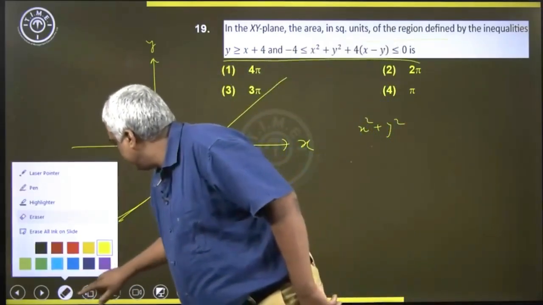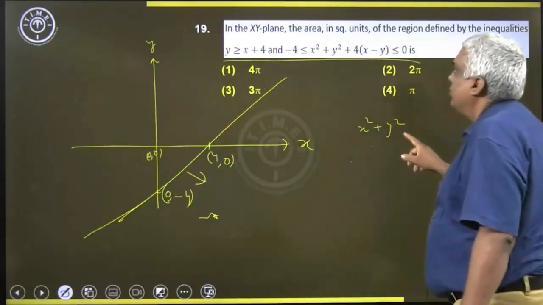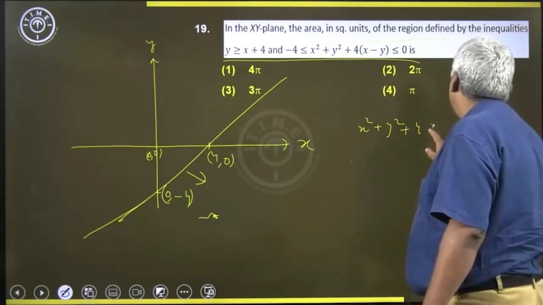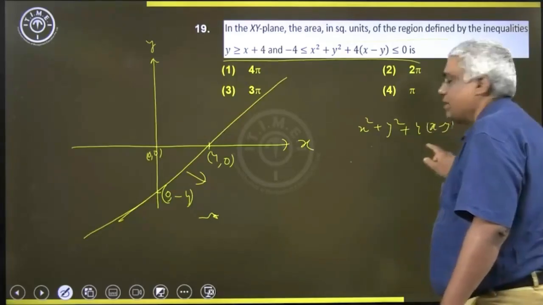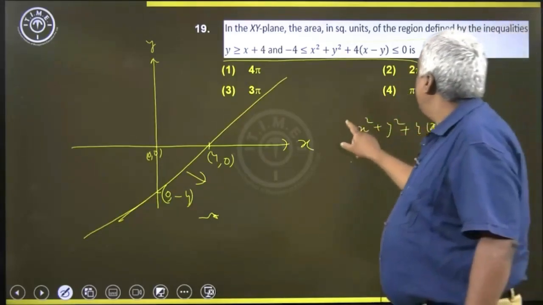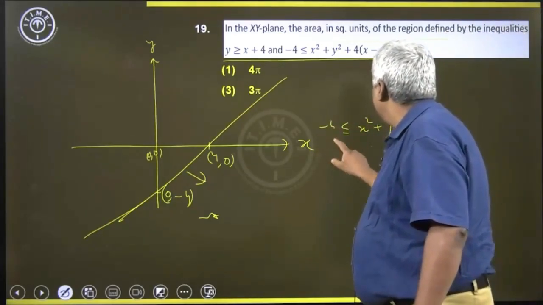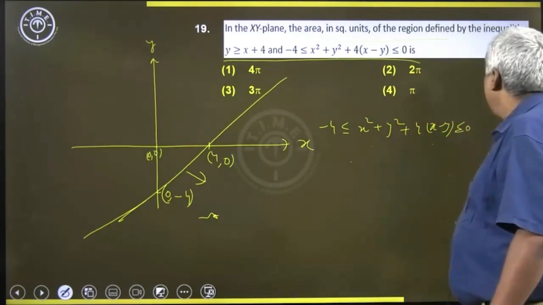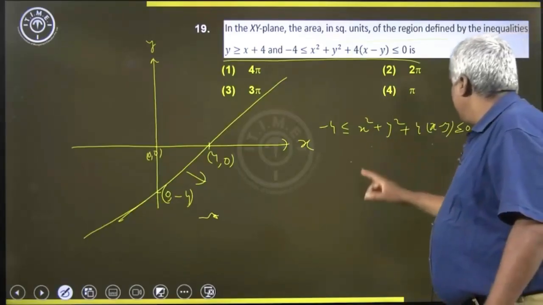So now, x square plus y square plus 4 times x minus y, and this is more than or equal to minus 4 and less than or equal to 0, okay. Now, let us try to expand this.